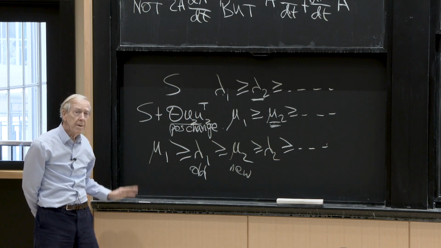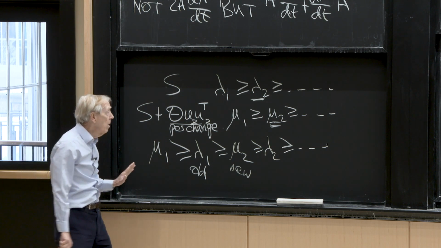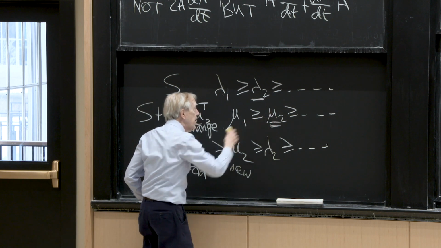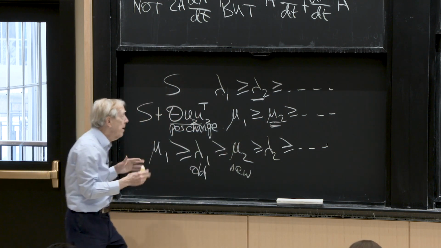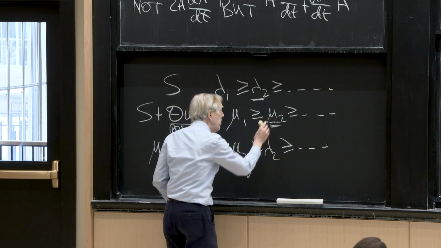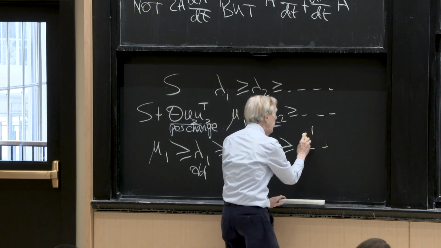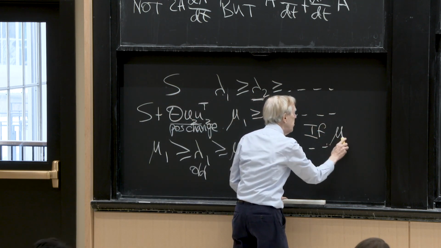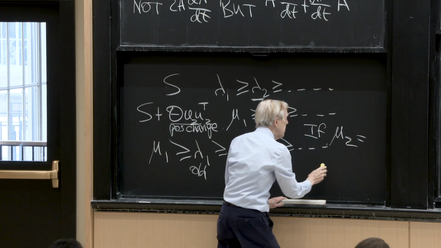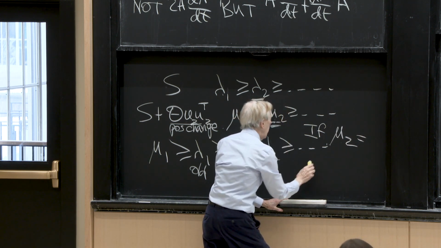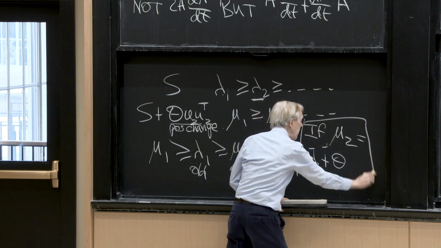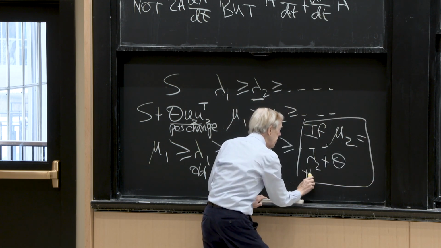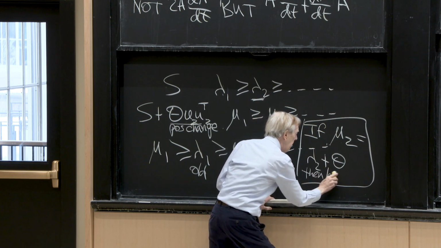But then I lost a little sleep thinking, okay, if the second eigenvalue is mu 2 plus theta, let me write it here. If mu 2, the second eigenvalue, is the old lambda 2 plus theta, then bad news.